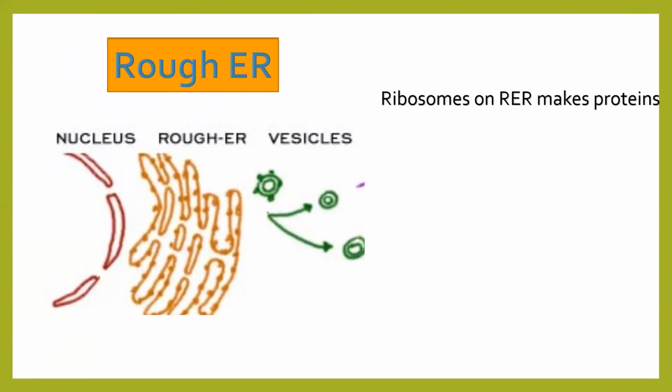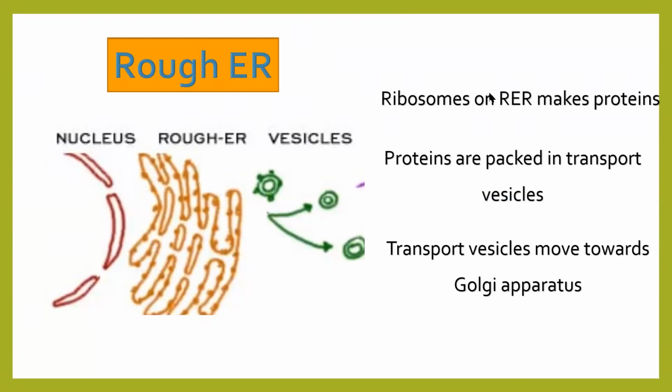So ribosomes, which are present on the ER, that is rough ER, will make proteins. And these proteins will be packed into a small bag-like structure, the green color ones. These are nothing but vesicles, and because they transport from one place to other place, they are called as transport vesicles.